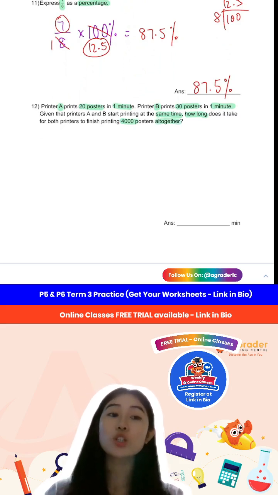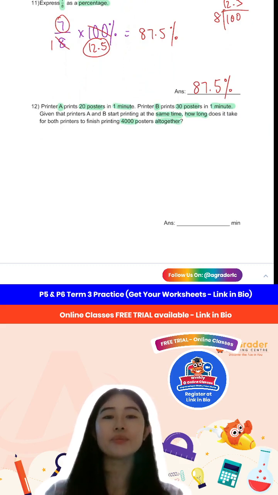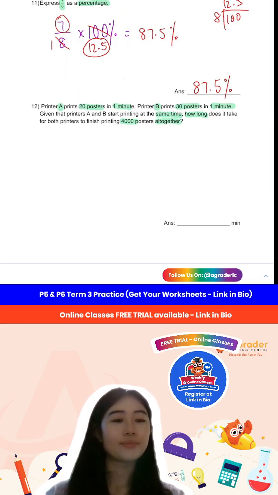So we have another question on rate. Let me know your answer. This question you can do in 2 steps. So it's not too difficult. Let me know your answers in the chat.